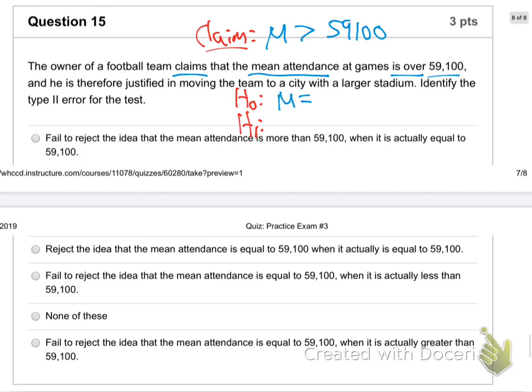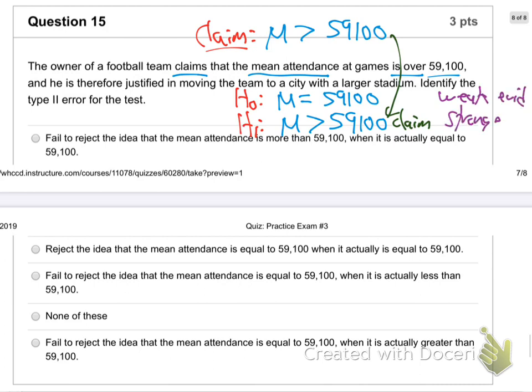Always equals. And then what's the H1 going to be? Greater than. Because one of the two has to match the claim every time. So bring that down. That's the one matching the claim. Weak evidence for the first one. Strong evidence for the second one.